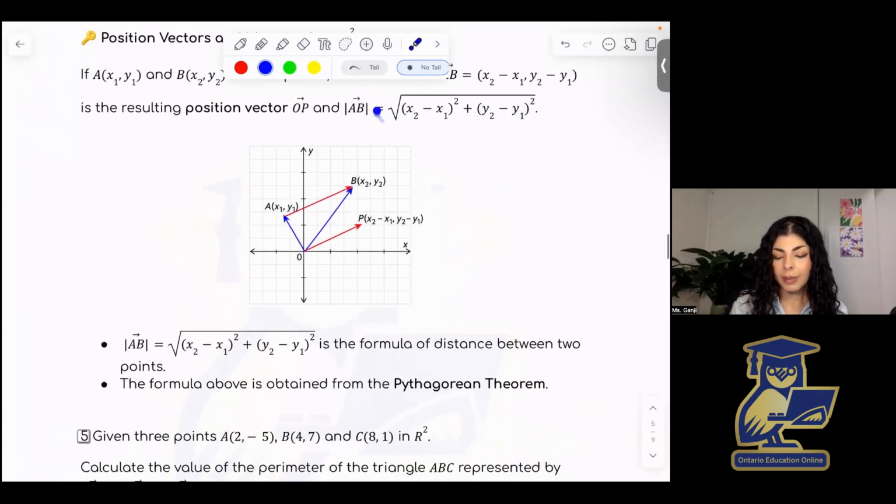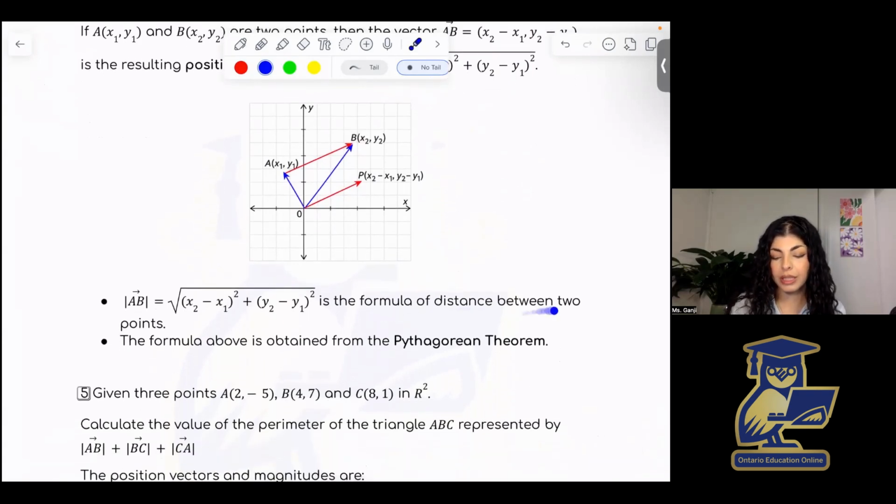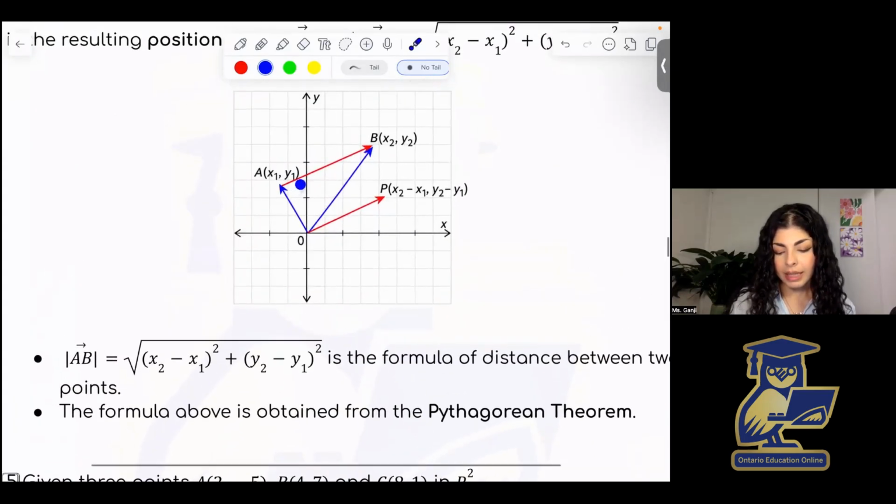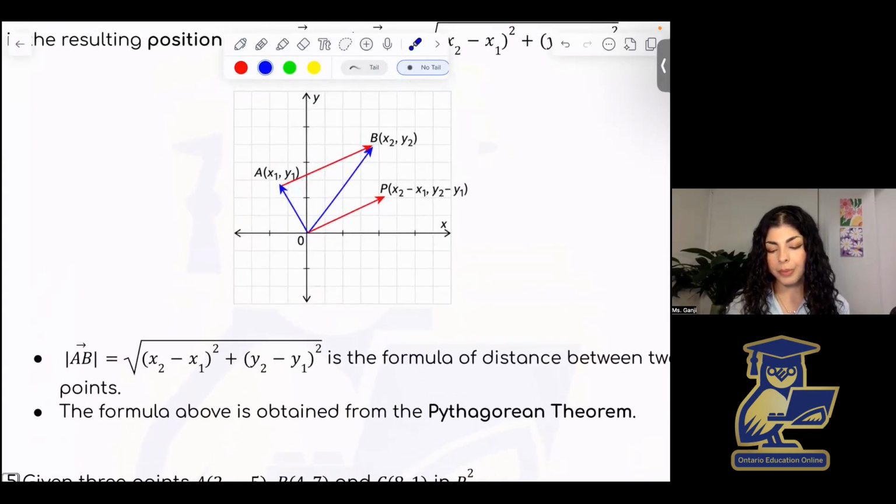Now, this might have been a little familiar to you, and it should be because it's really the formula for the distance between 2 points, which you have seen in math before. And really, it's obtained from the Pythagorean theorem, because if you form this, we have a right triangle, and then we're just finding the hypotenuse here.